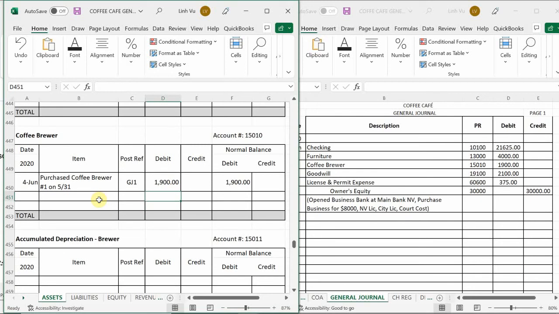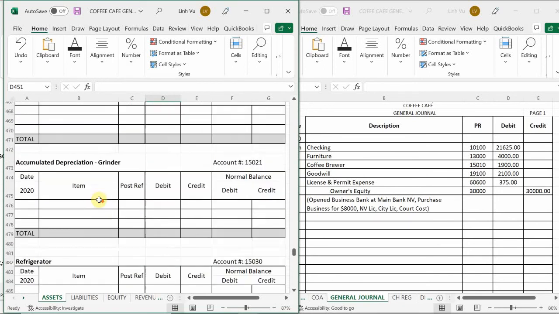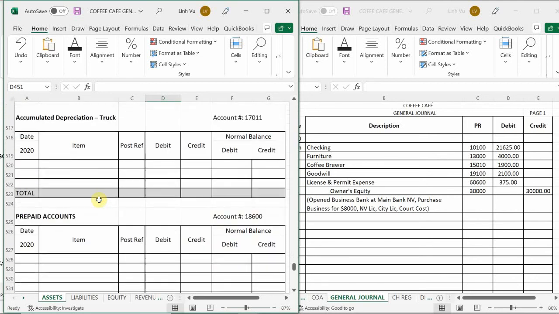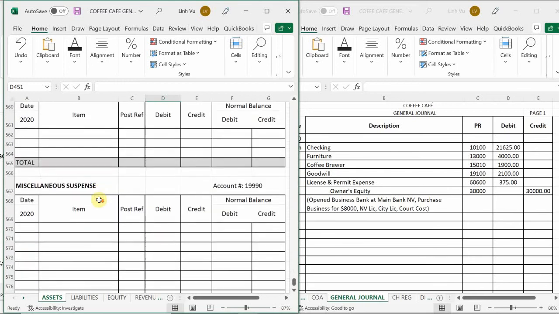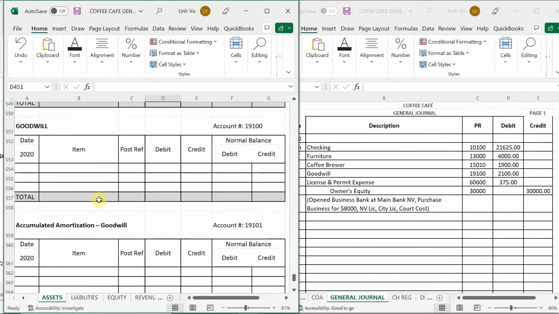Okay. Let's see what's next. So now that I put my coffee brewer in there, I need to go ahead and update my goodwill here. Goodwill should be towards the very bottom of your asset pages.